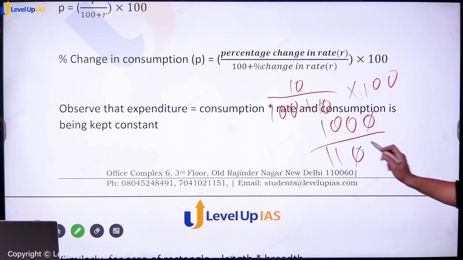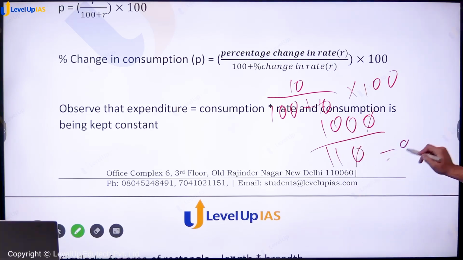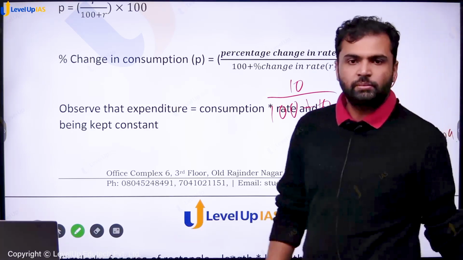The same 100 by 11 will come. You can divide now. This is 9.0909 and so on. That much percent.